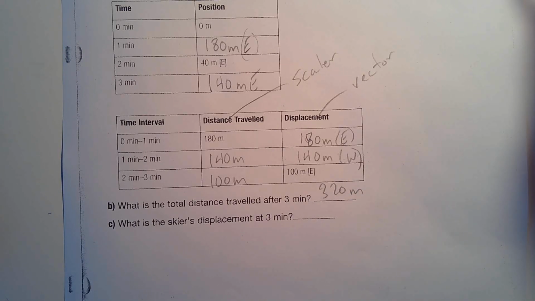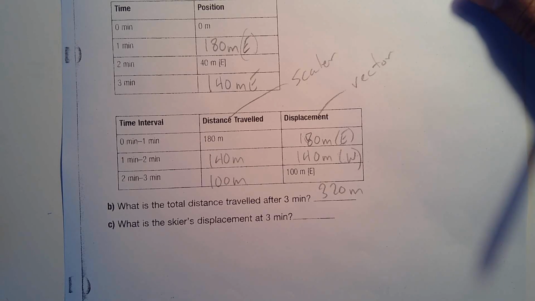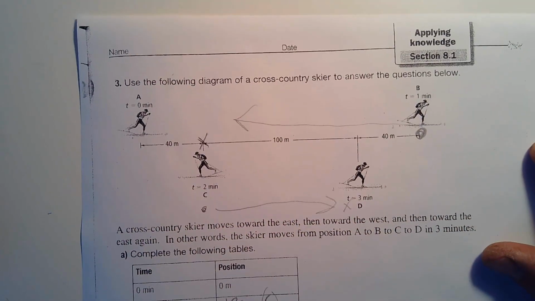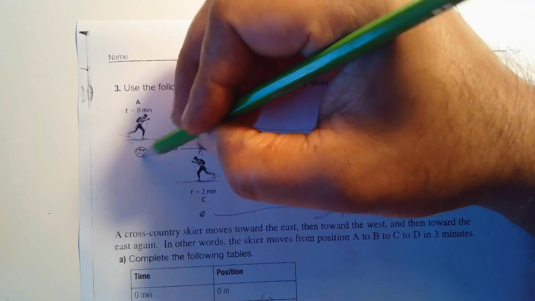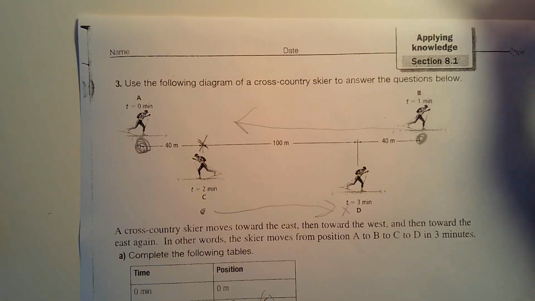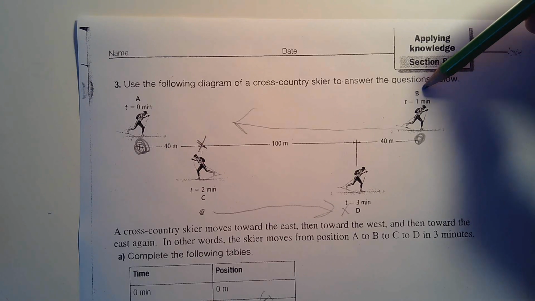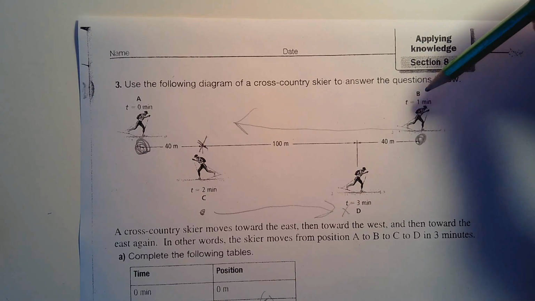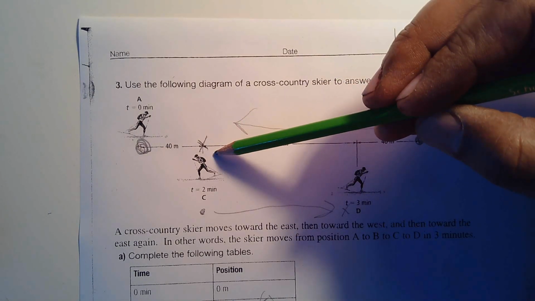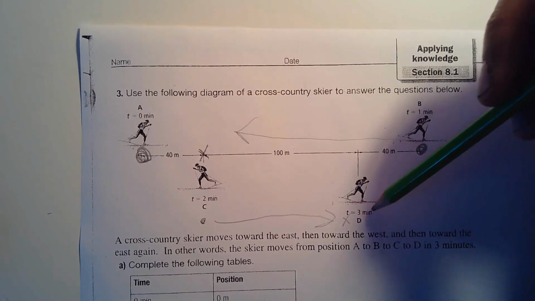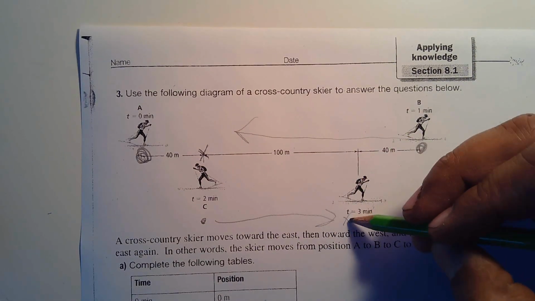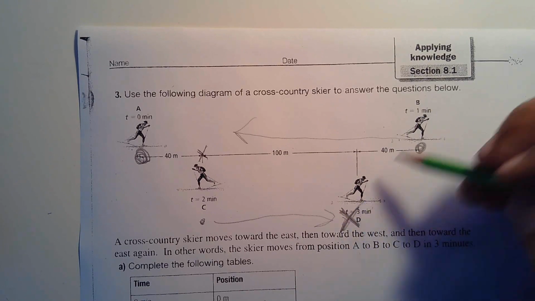What's your displacement? Your displacement is looking at it from the perspective of where we started. That's where we started, and I don't care about B, I don't care about C, I just care about the final position D. So you're just looking at these two.